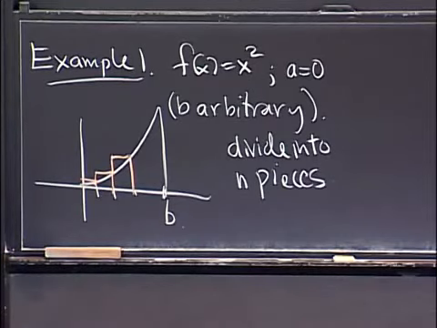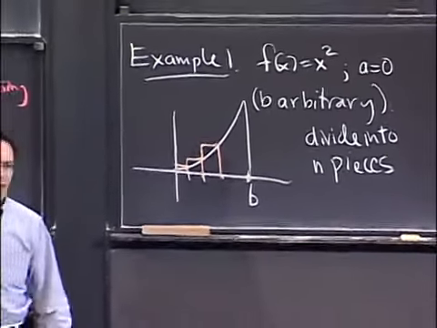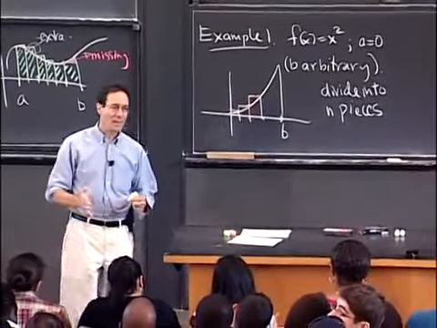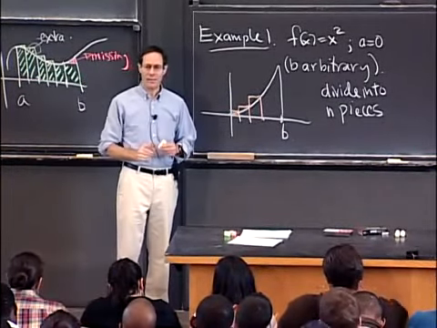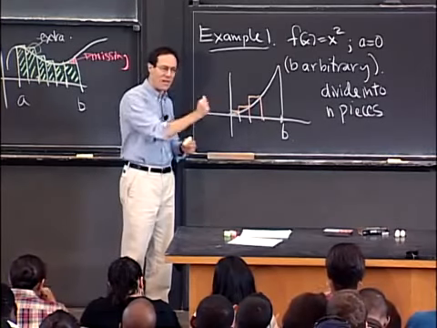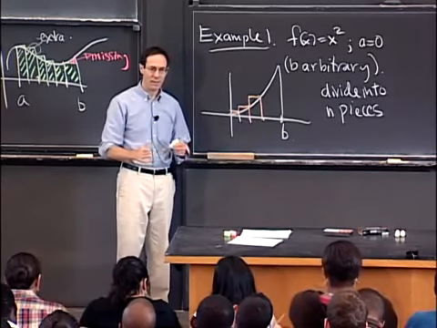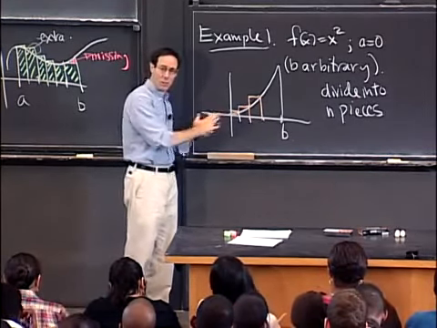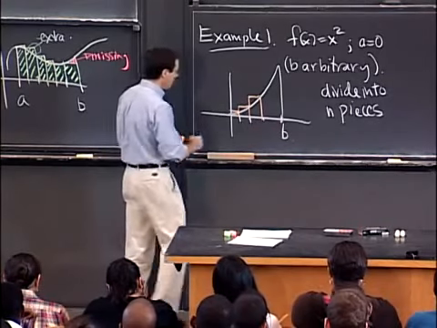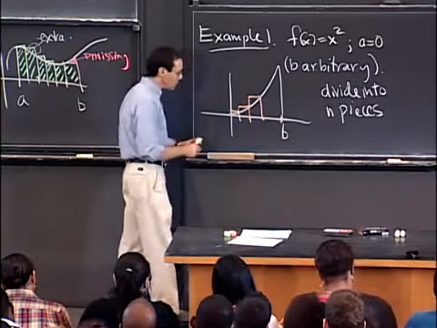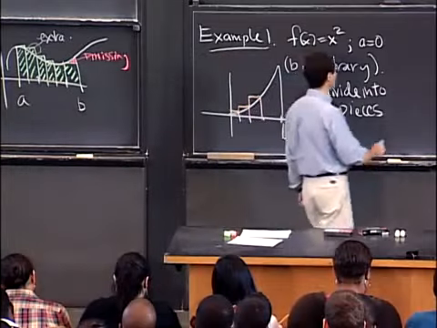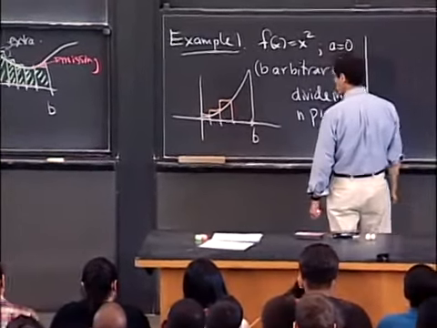Now, there's one big advantage that rectangles have, and this is the starting place, which is that it's easy to find their areas. All you need to know is the base and the height, and you multiply and you get the area. That's the reason why we can get started with rectangles. And in this case, I'm assuming that these distances are all equally spaced intervals, and I'll always be doing that.